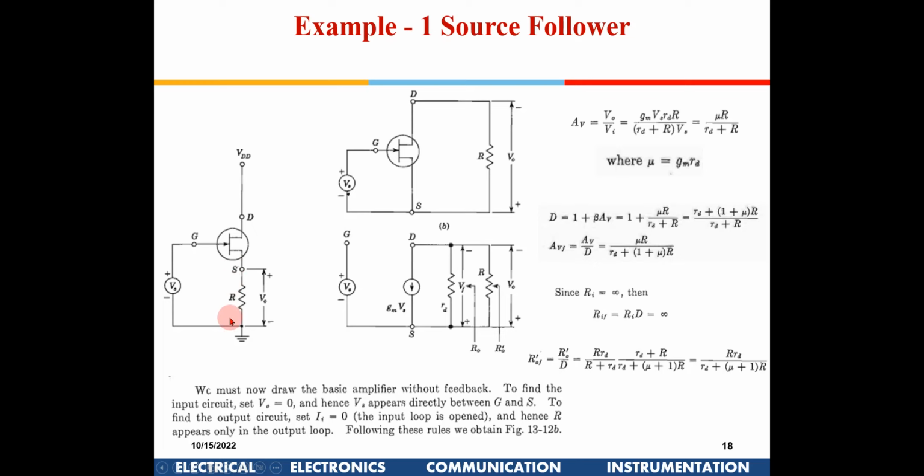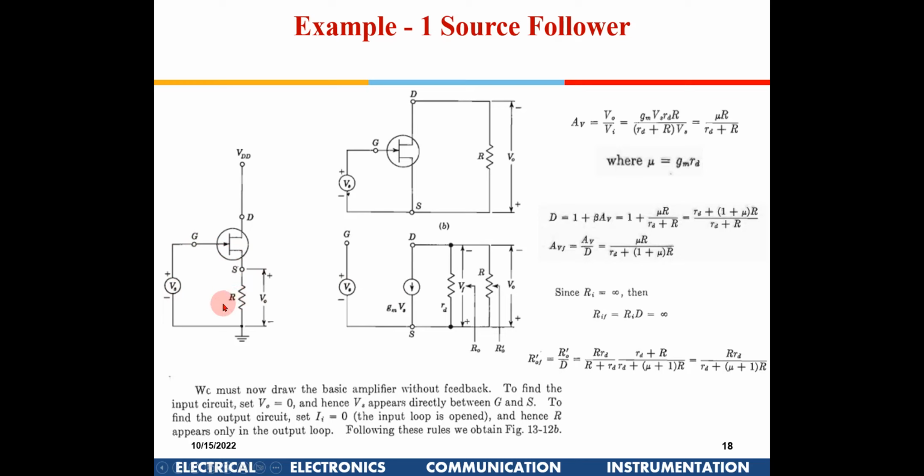That means Vs minus Vo. That is the feedback to the input of the transistor, the gate to source voltage. The gate to source voltage will be Vs minus Vo, right?